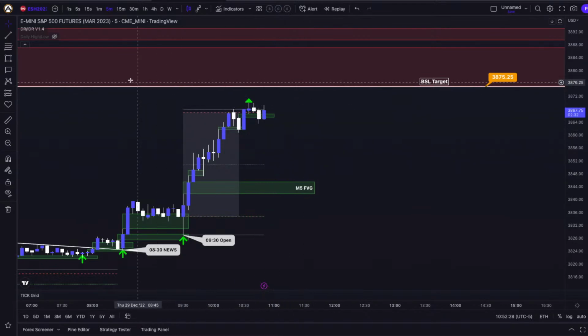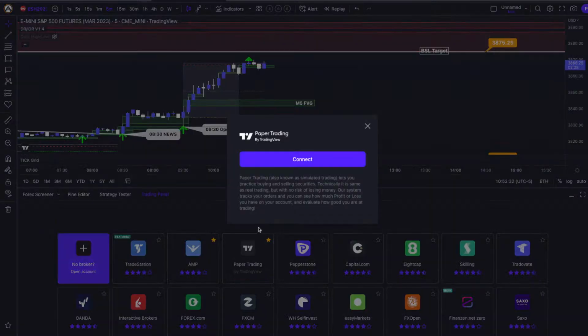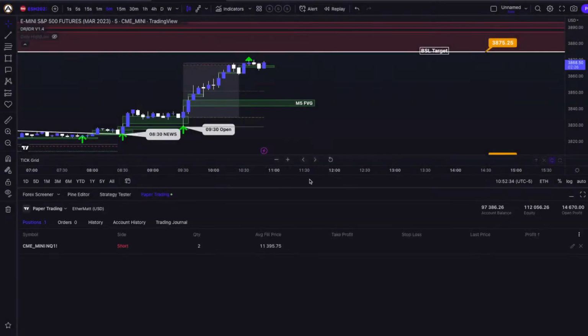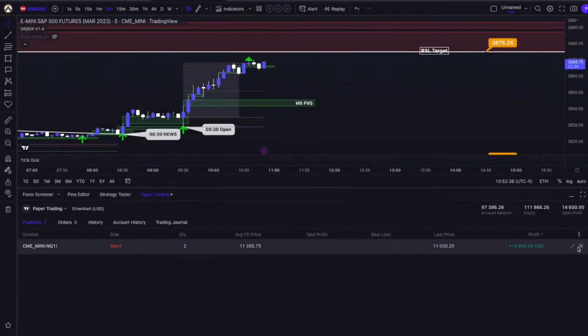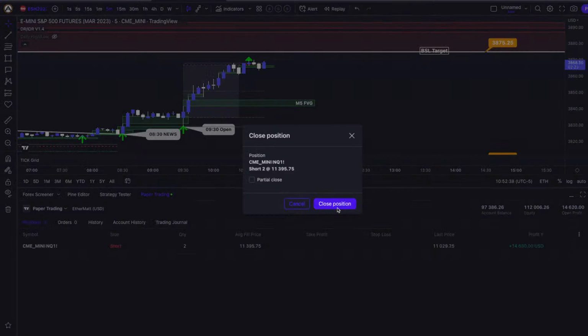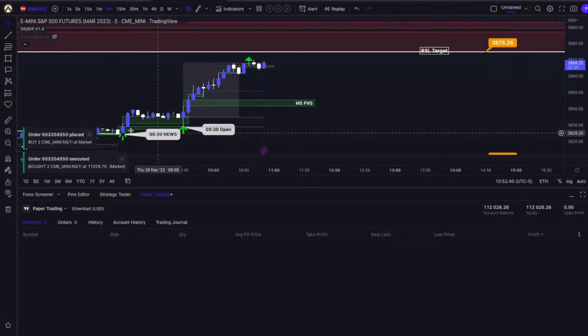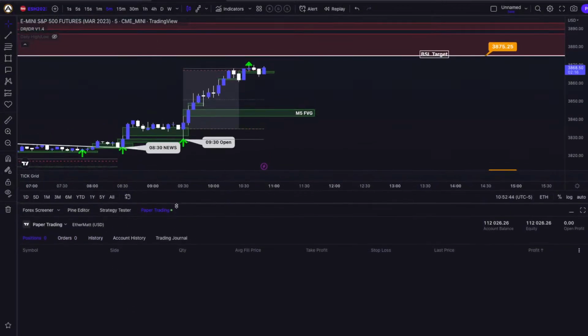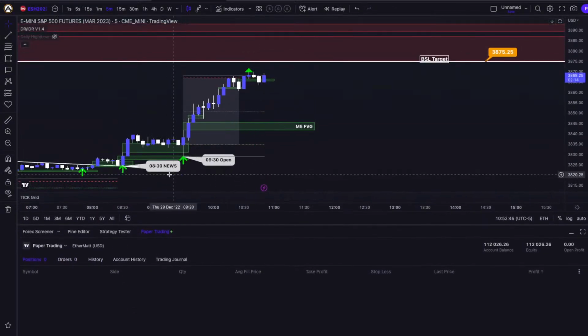Basically, we can do this, especially because, yeah, let's actually connect our paper trading account. We click on connect. We can actually just close this whole position. That's a very old position, not too old, but still from December.